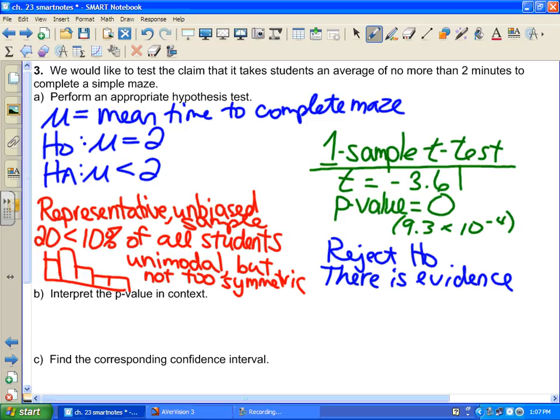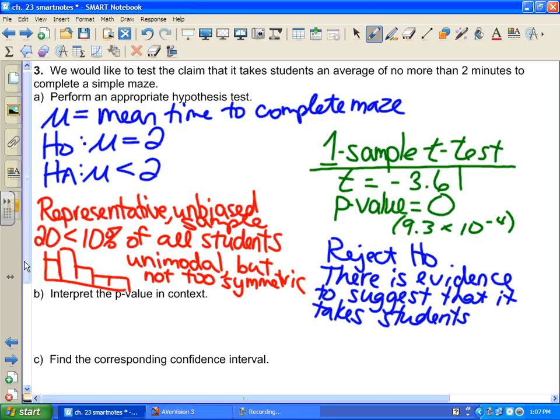Look at the question. What are we testing? There's evidence to suggest that it takes students a mean time or an average of no more than 2 minutes to complete a maze. Make sure you say mean or average.